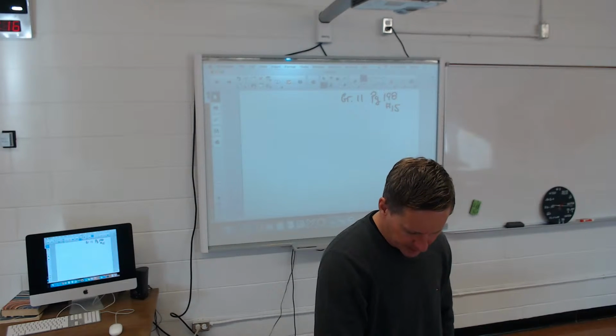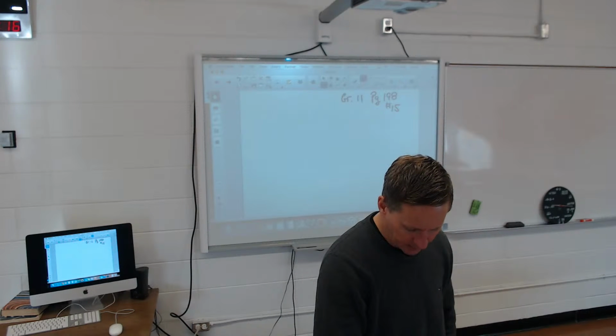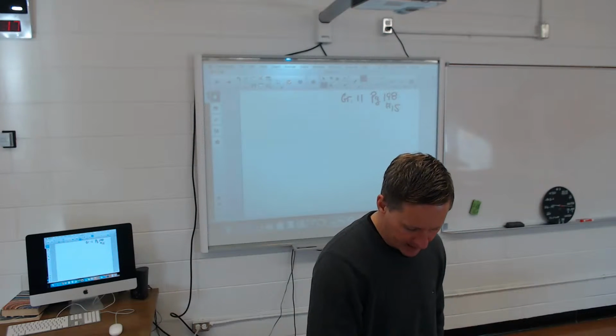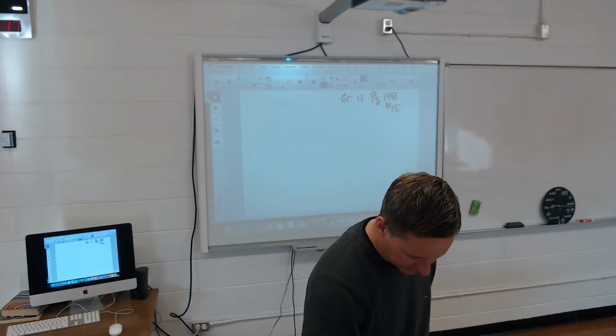Okay, use the relationship between the sides of a 45, 45, 90 triangle to show that the area of an isosceles triangle can be found using the formula A equals s squared over 4, where s is the length of the hypotenuse and A is the area in units.